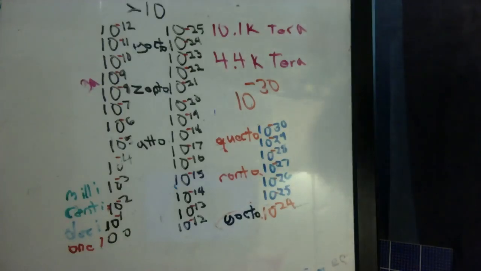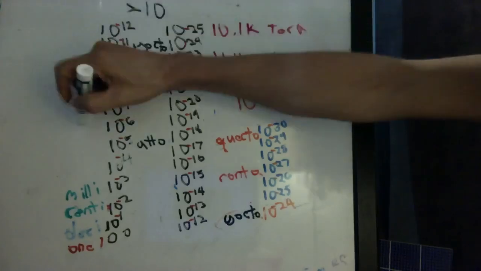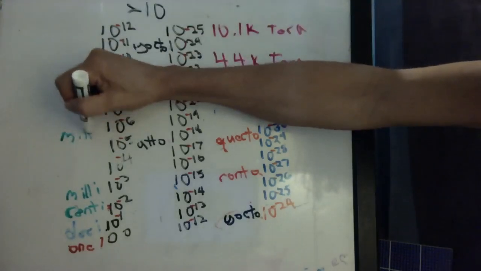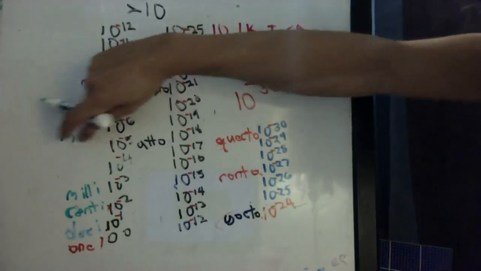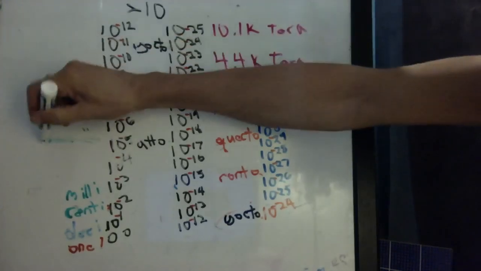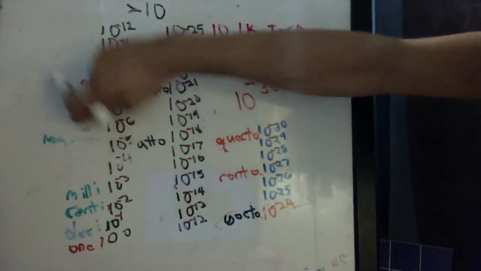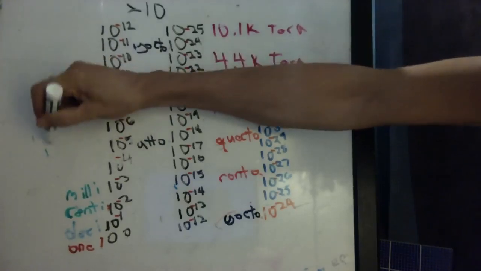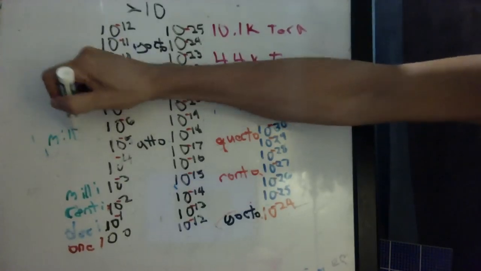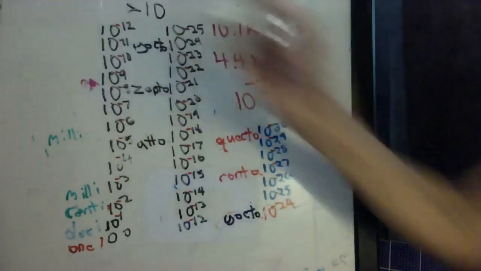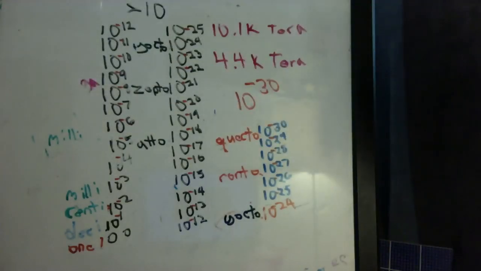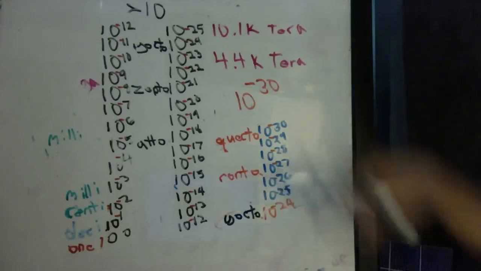And then what's next? Micro. That's millionth. I'm ignorant, I just don't know the names. Oh, well, that's wrong.